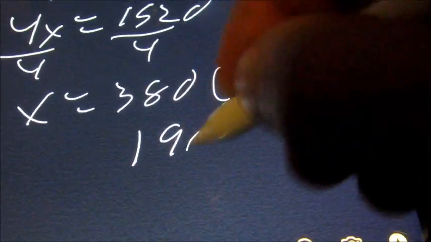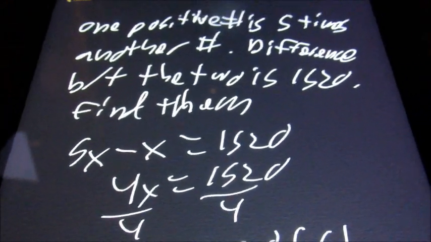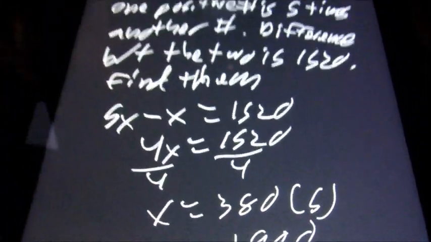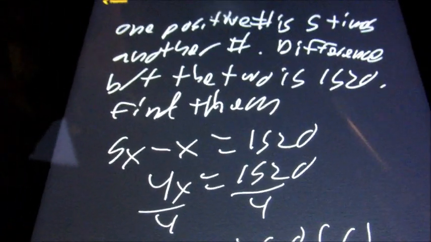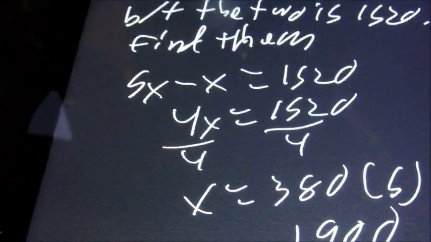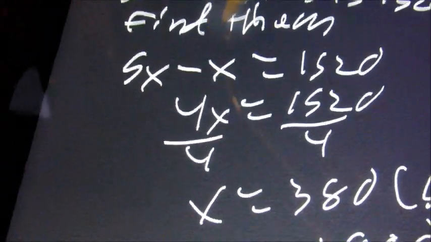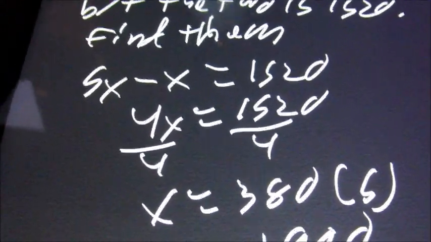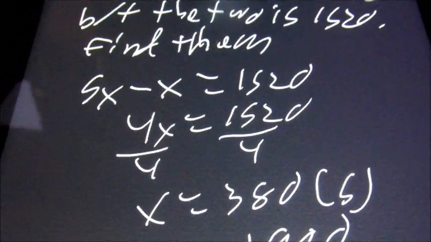And we get 1900. This one didn't have decimals, but you'll have some that are kind of like this in the section. So we have one positive number that is 5 times the other number, and the difference between the two is 1520. So it's 5x minus x is 1520. Solve for x, and we get one of them, and then 5 times the other to get the other.